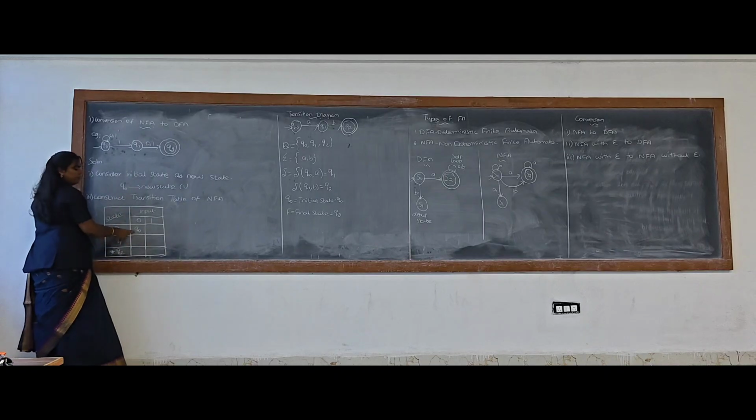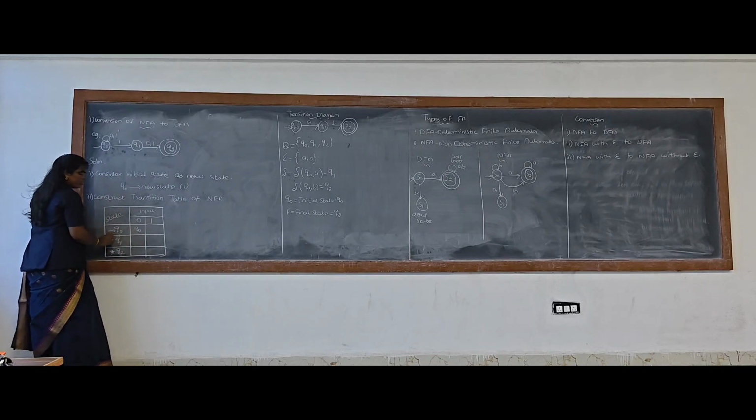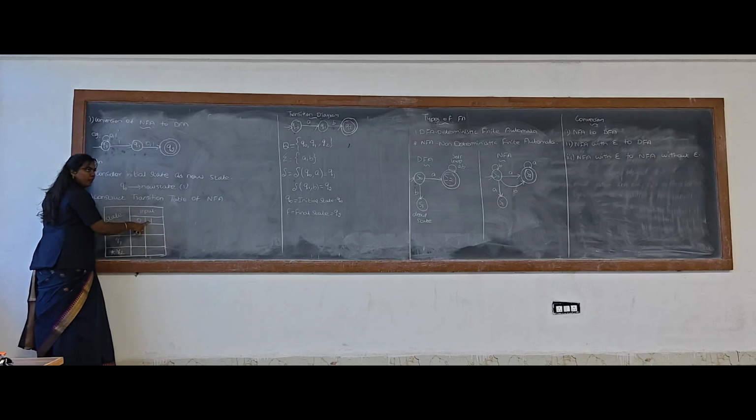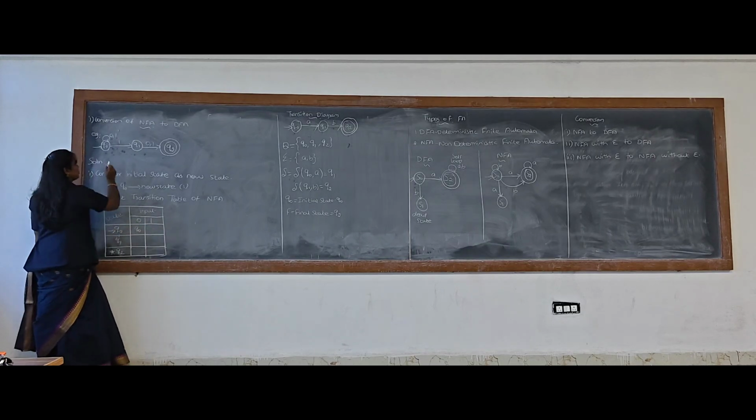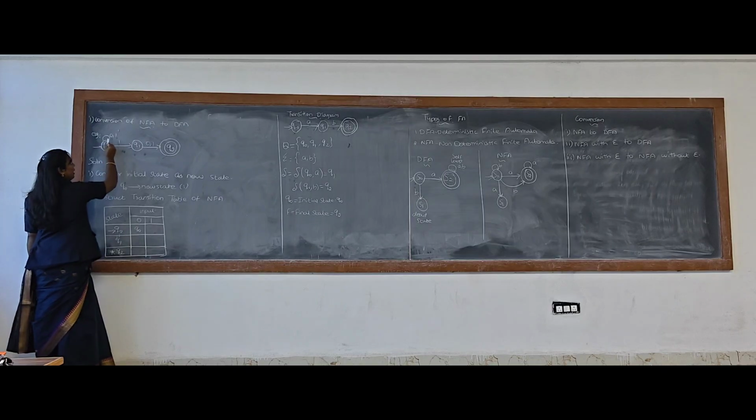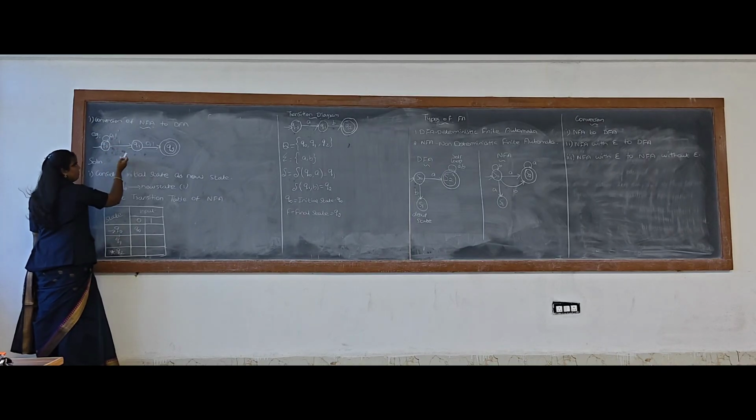The next one: again we are in the state Q0, it reads the input symbol 1, and which state does it move to? Here we have more than one transition using the same input symbol, right?